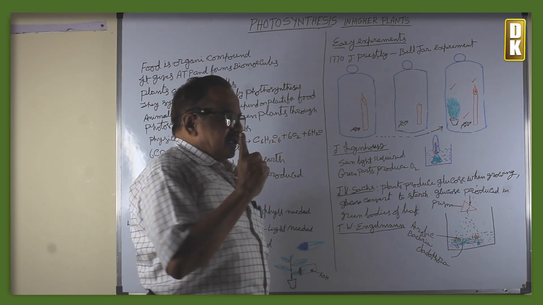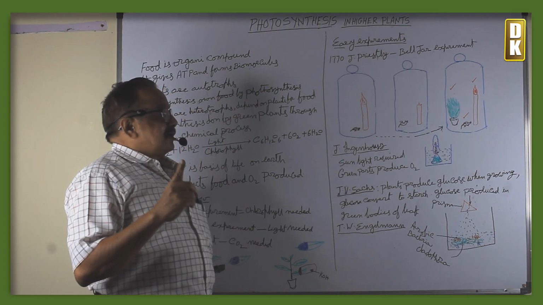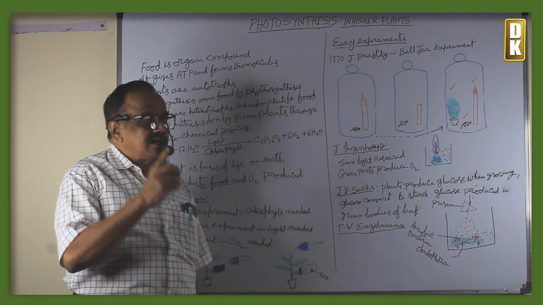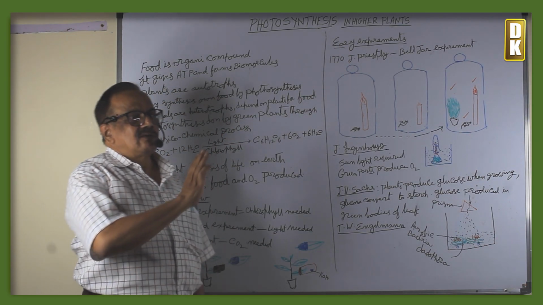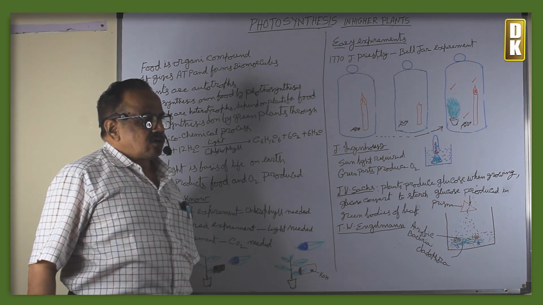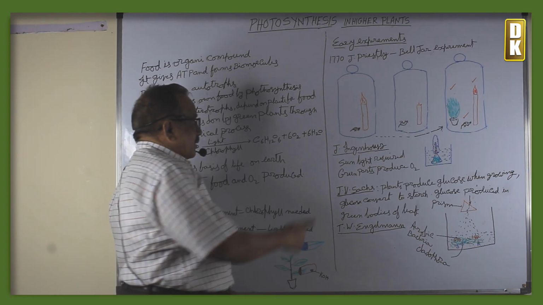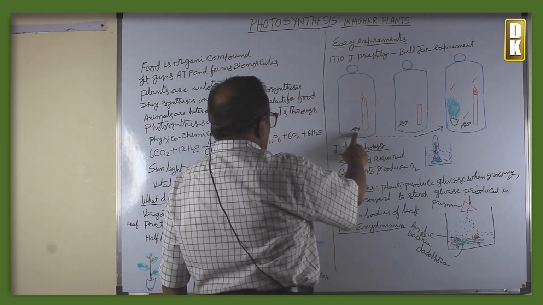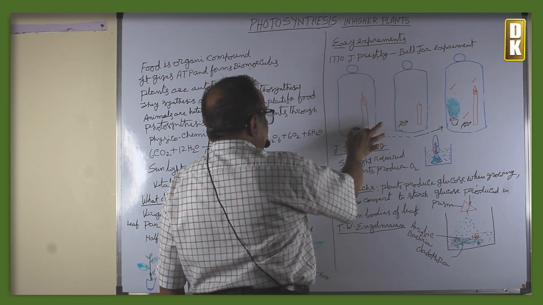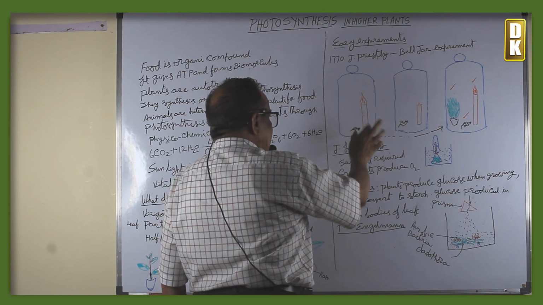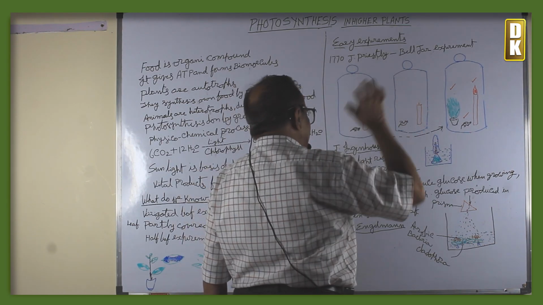And remember one thing given in the textbook: Joseph Priestley discovered oxygen in 1774. In 1770 he did not know about oxygen. So in his conclusion he said that the living mouse and the burning candle had damaged the air by taking some part of it, and finally they extinguished and died.